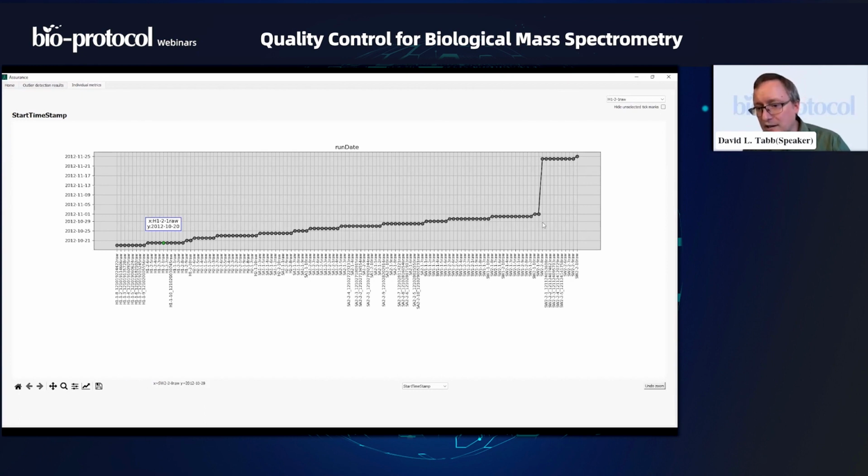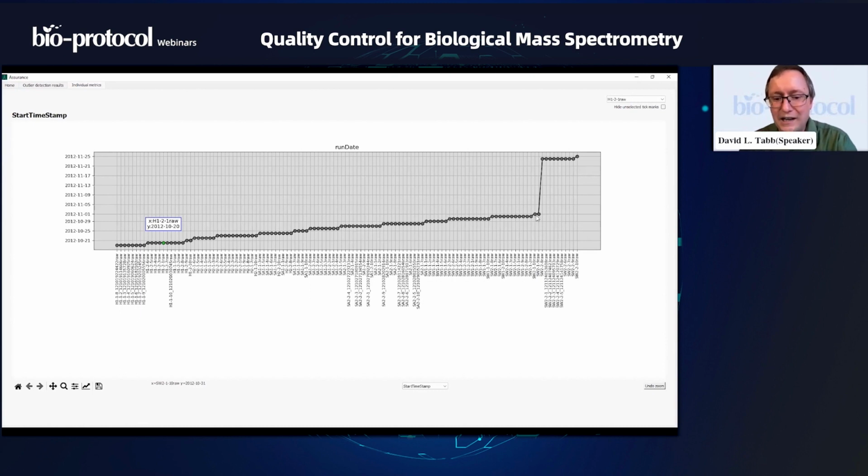When we look at the two files that looked so far out from the cloud in the loadings, in the outlier plot, they were numbered SW2-1-9 and SW2-1-10, these two files.